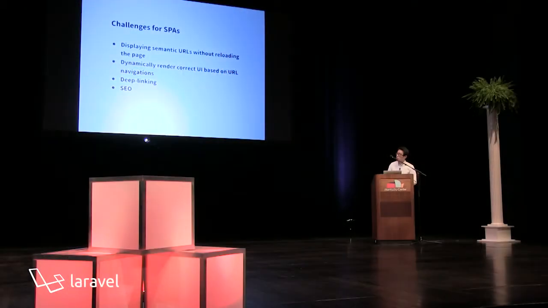And SEO has been probably one of the biggest problems with SPAs. Luckily, Google has been updating their crawling technologies, and their crawlers are now smart enough to index single-page applications correctly in most cases. It's still not 100% reliable, but they're doing pretty good.